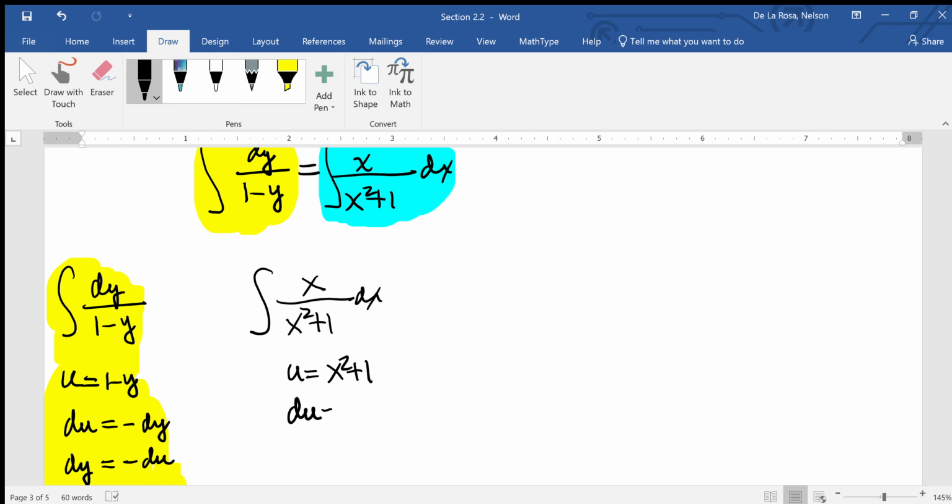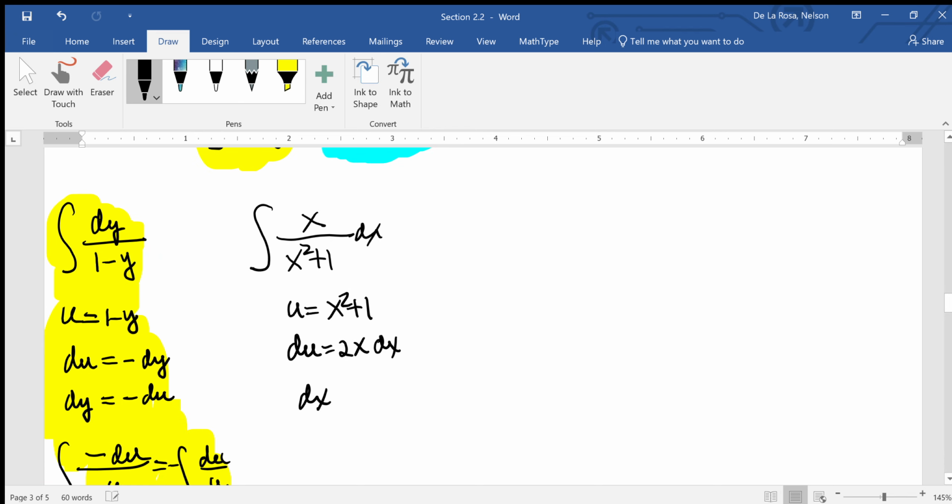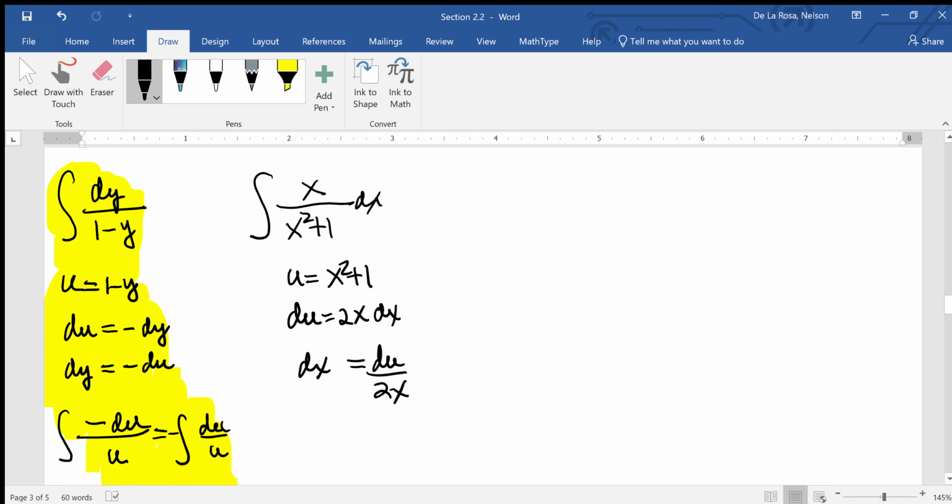Then du is 2x dx. Then dx is du over 2x. Then the integral now becomes the integral of x divided by u times du over 2x.